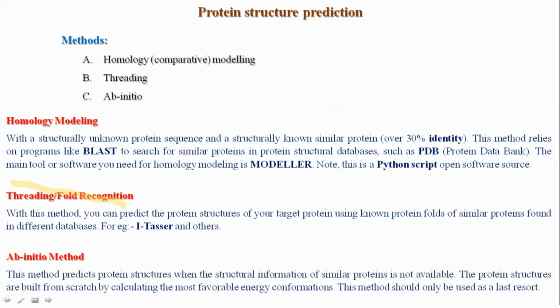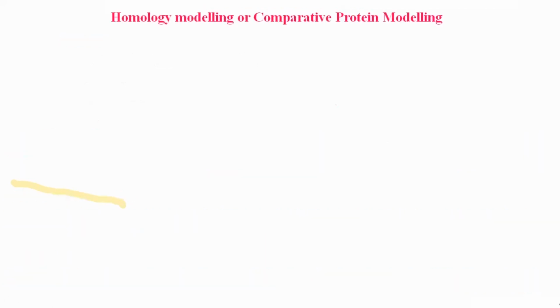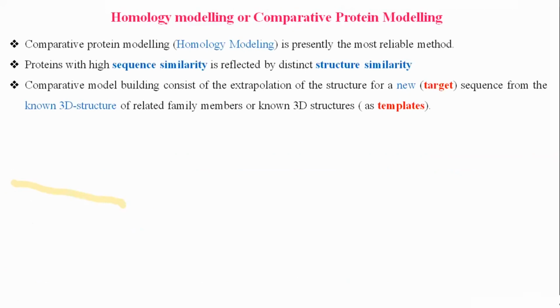Okay, we'll see the first method, homology modeling or comparative protein modeling. The name itself says it's comparative, which means we need similar structures that are already defined.